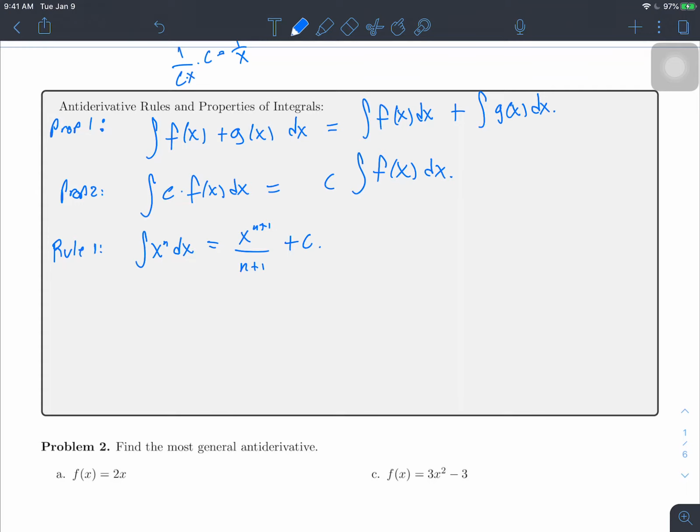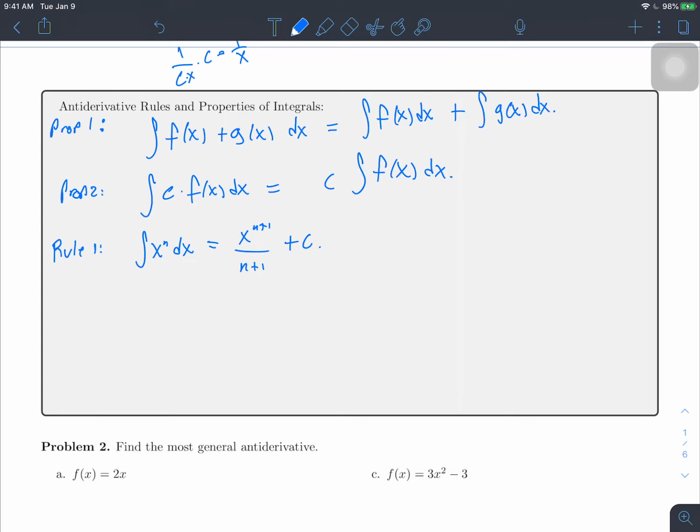So that should look basically like the power rule. In fact, it's the exact opposite of the power rule. We raise the power by 1 and divide by the new power. That's the opposite of lower the power by 1 and multiply by the old power.